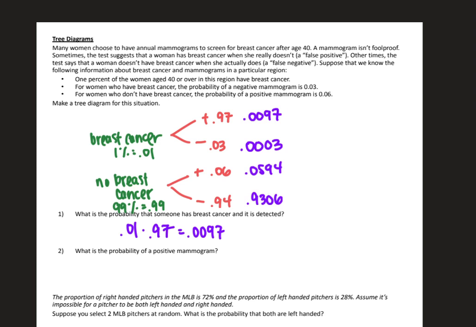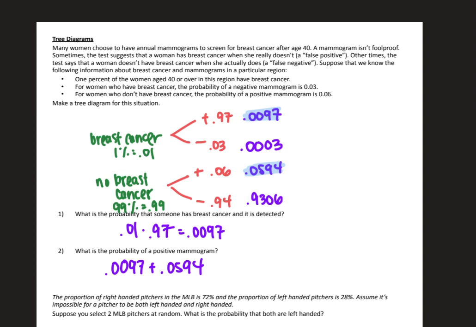All right, so then once we have those, now we can say, what is the probability of a positive mammogram? Well, we have a positive mammogram in this case and in this case. So the probability of having a positive mammogram, we would just add those together. So 0.0097 plus 0.0594, because we have to take into account that some women who are having mammograms have breast cancer and some do not.